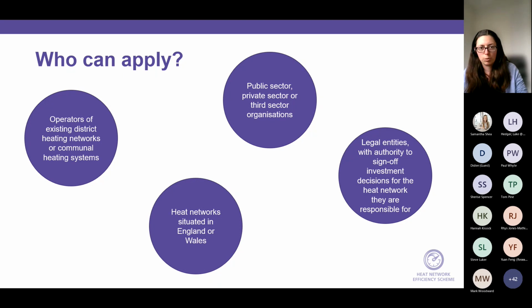HNES does cover Wales as well, and we would actively encourage any applications from Wales to come forward. And we're looking at public sector, private sector, or third sector organisations. So this includes NHS trusts, universities, government departments. So it's quite a broad range of people who can apply.